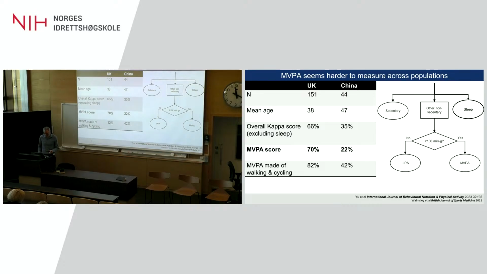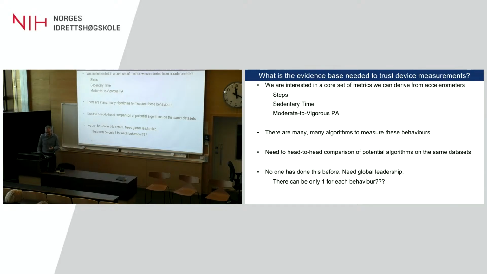Hence we thought, should we bring together a group of people to try to do some form of assessment of all the methods out there, to help guide and provide input and feedback to the WHO team? Essentially the focus is, as I said, steps, sedentary time, and moderate-vigorous time.